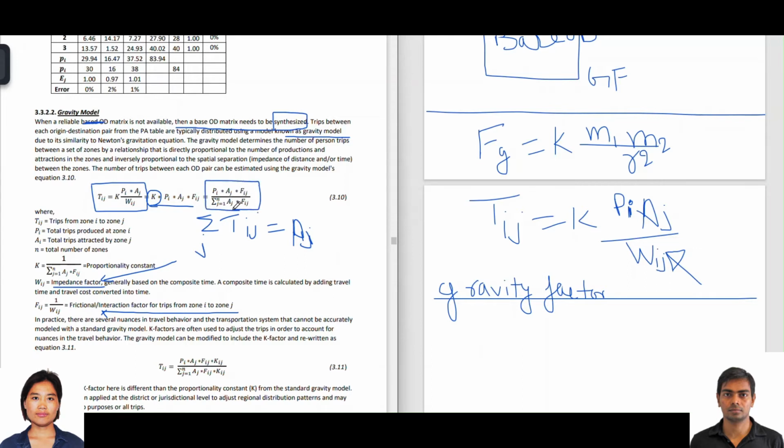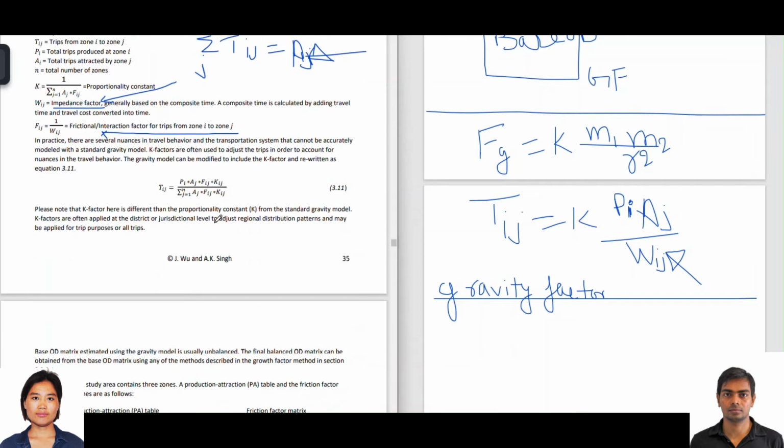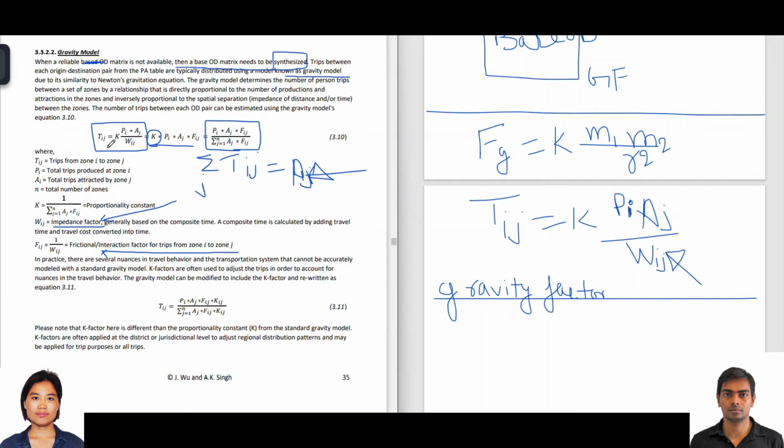So in this last part, the proportionality constant has been replaced by using these fundamental equations of trips. So trips between origin I and destination J are given by this formula. This is called the gravity model.